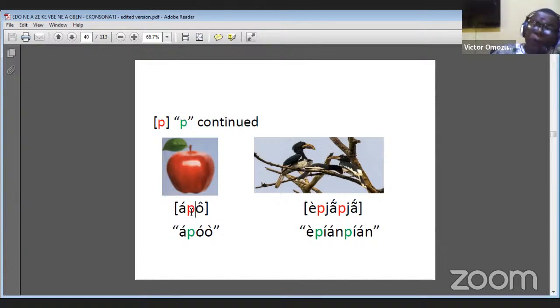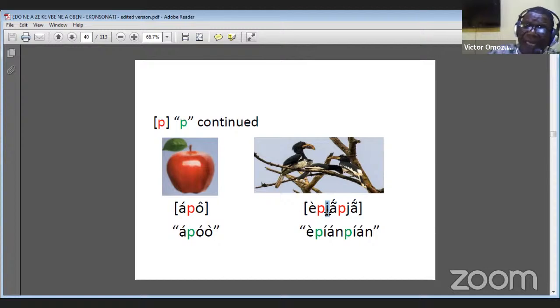So it's borrowed according to the Edo structure and syllable structure. Apple. Then a pian pian. Pian pian, you can see the bird there.